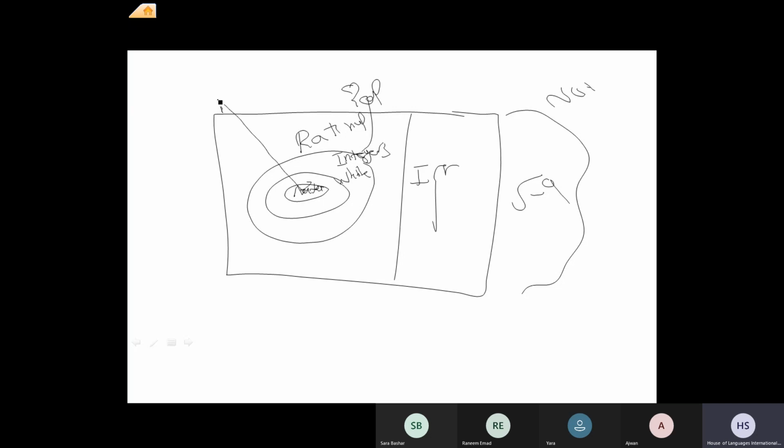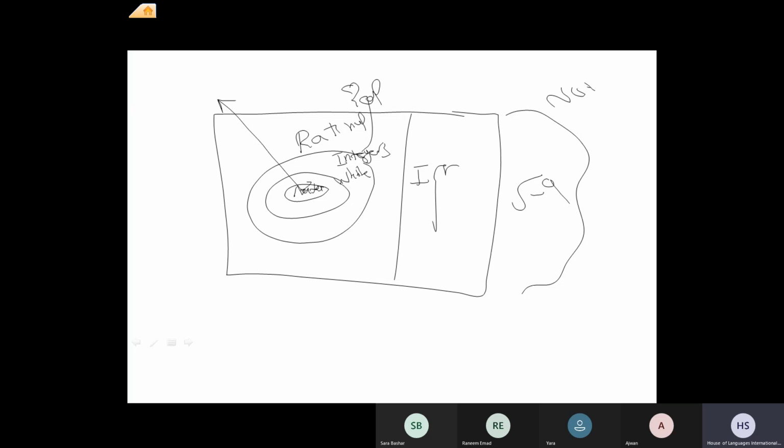Draw arrows. If any number is natural, so it is whole, so it is integer, so it is rational. If you go from the inner to the outer, you have to say it's correct. Yes, every. But if you go from the outer to the inner, it's not correct. That always happens.